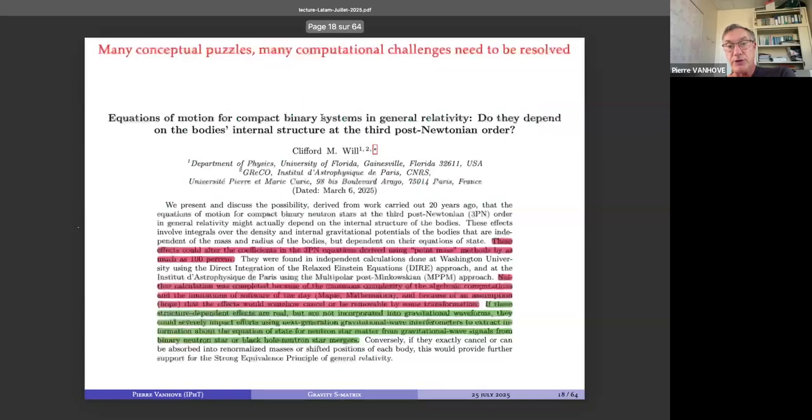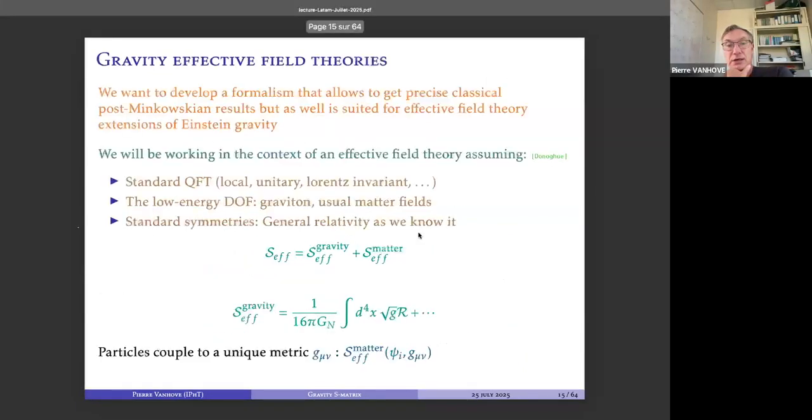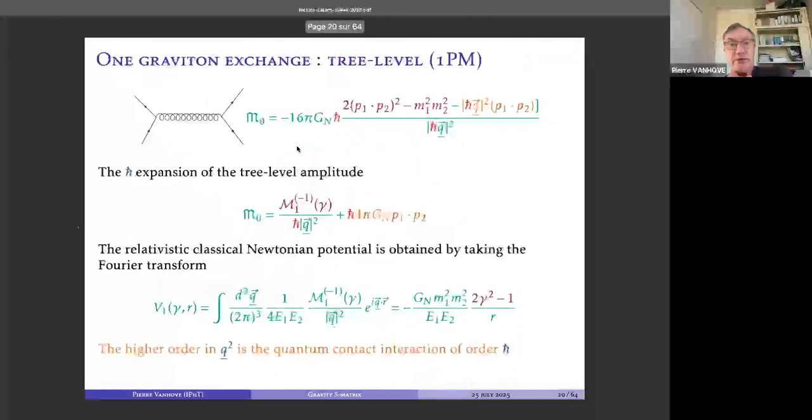Because my perturbation of the metric is flat space plus square root of G times h, and since I have two vertices, each with a square root of G, the total is of order G.